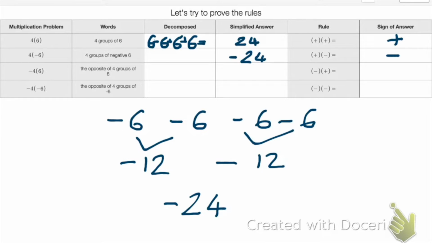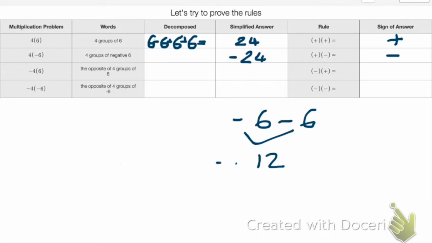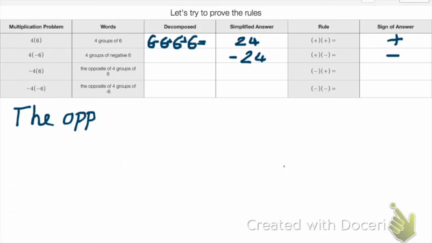The next problem we have is negative 4 times 6. So we say it is the opposite. So keep in mind, we're gonna use the opposite to represent the negative number. Okay, so we're gonna say the opposite of 4 groups of 6.